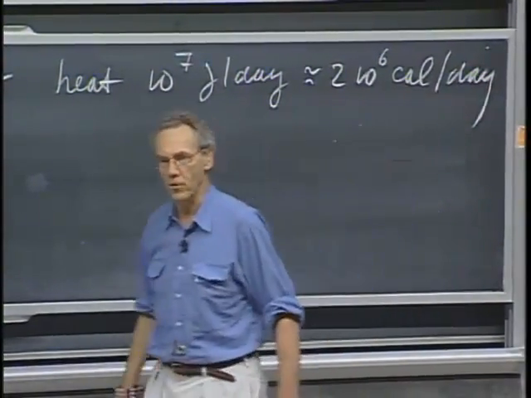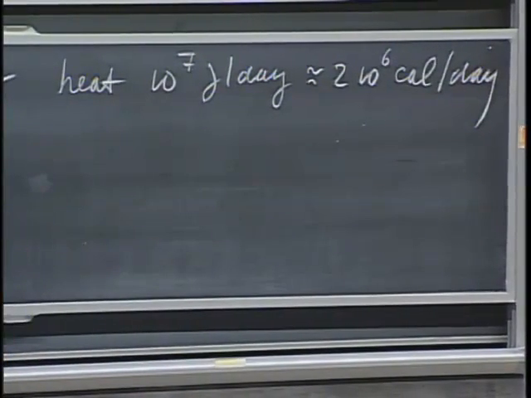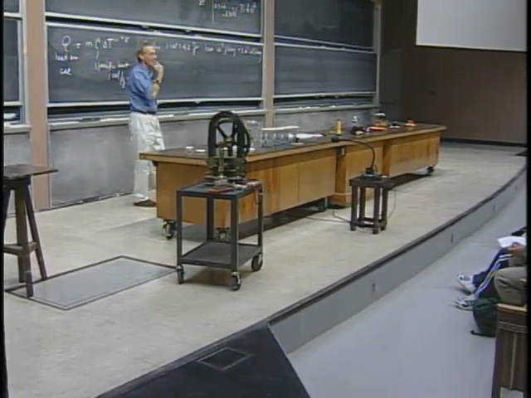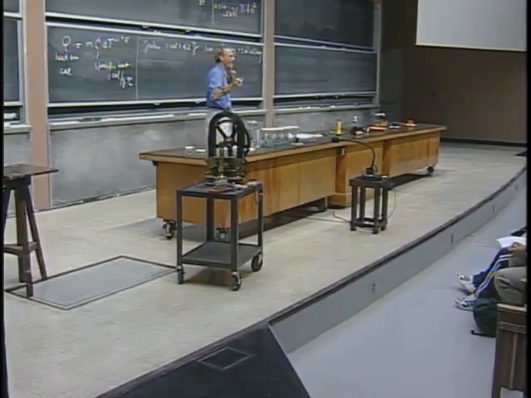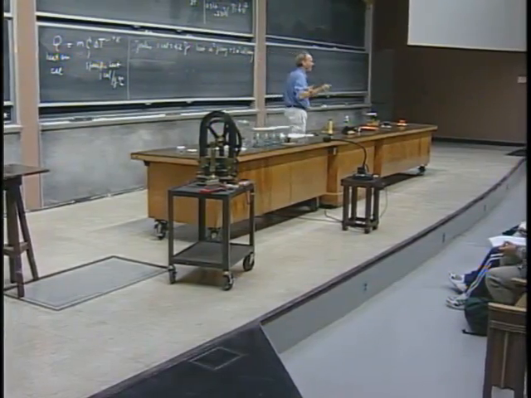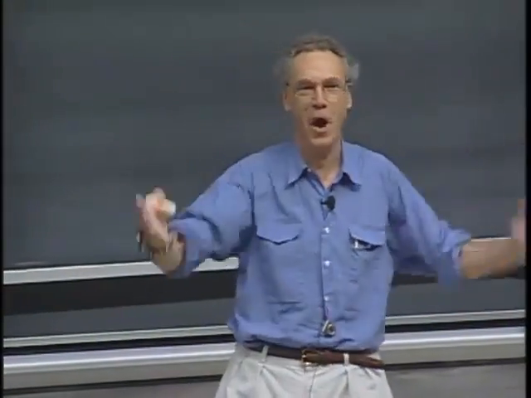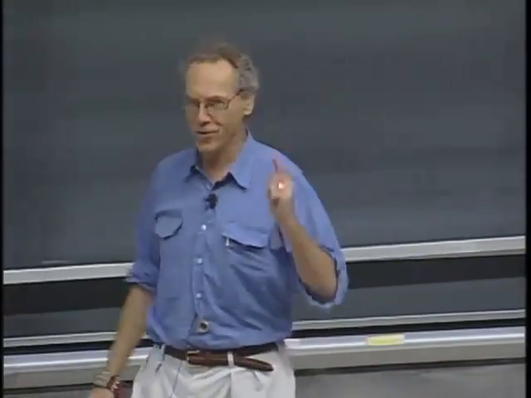Where does the body get it from? Food. You better eat 2 million calories per day. Now I can see some of you turn pale and green and purple and say, over my dead body, 2 million calories per day, you must be out of your mind. Well, not quite.